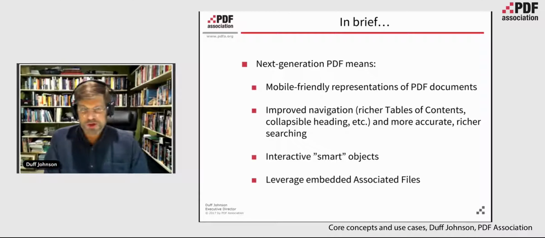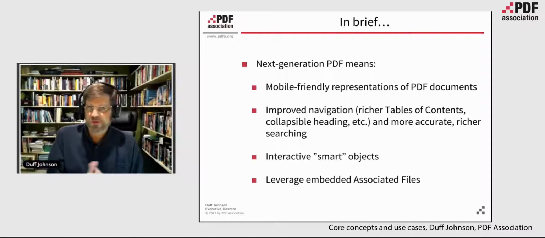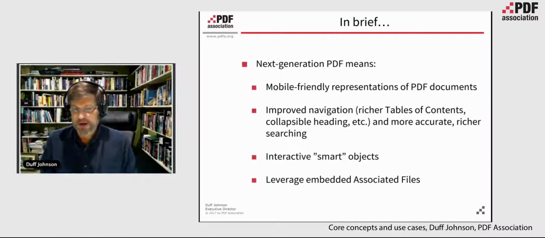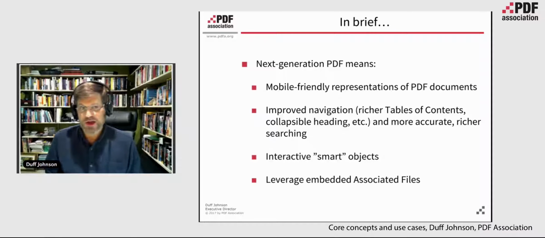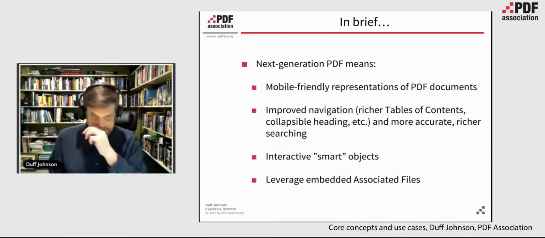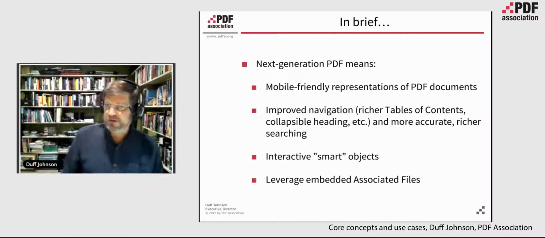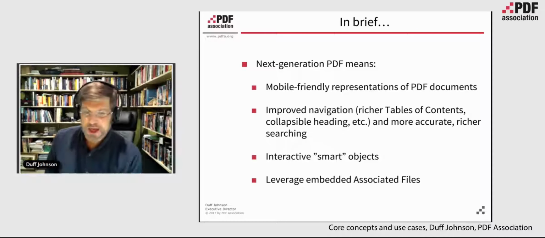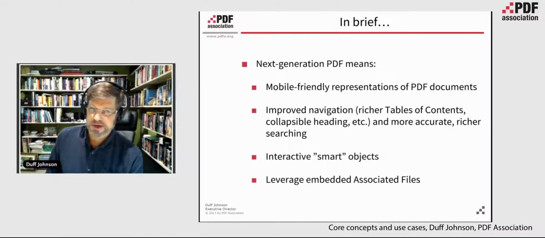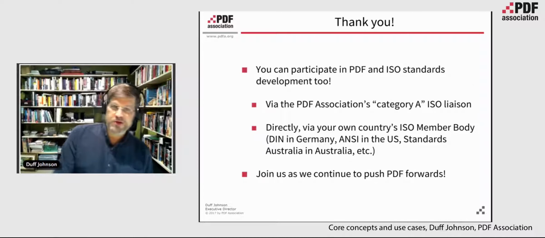So, short version: next generation PDF means mobile-friendly representations, improved navigation, and better search results. Interactive smart objects, so that tables and other charts can become alive and more interactive based upon the scripts that viewers supply. And associated files can be leveraged for the purposes of extraction and other kinds of features of this type. So that would be next generation PDF.